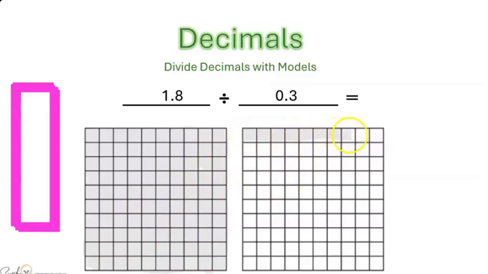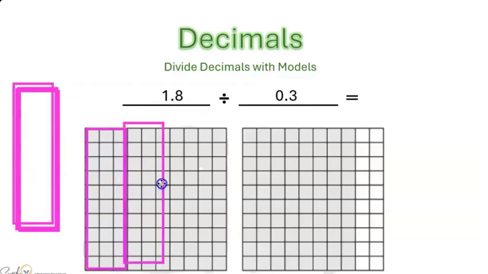So I want to go over here to 8. Okay, so I have shaded 1 and 8/10, one whole and 8/10. Now I want to see how many 3/10 are in that total. So I've got little squares here that will cover 3/10. You can see that that covers 3/10.